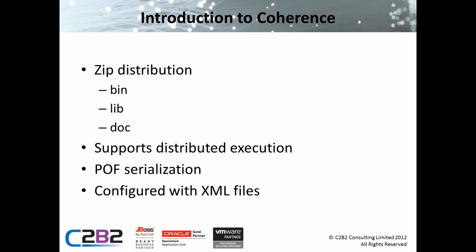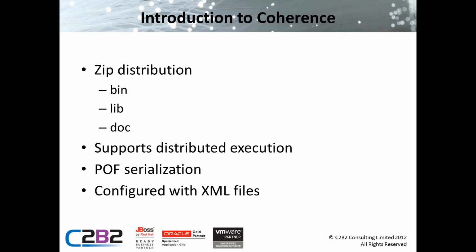Now, Coherence does support distributed execution of code, as I mentioned earlier, but that's something more advanced that we're going to go into next week. Another thing that it supports is POF serialization. This is something that Oracle have introduced, and it's an alternative to the standard Java serialization, which is traditionally quite slow and limited to just the Java language.